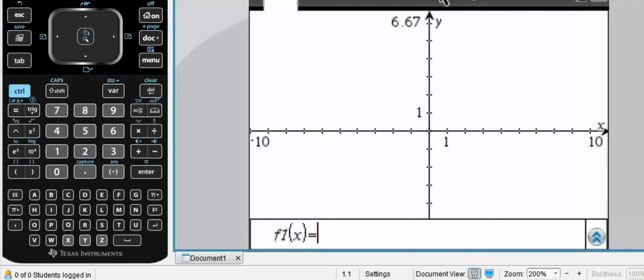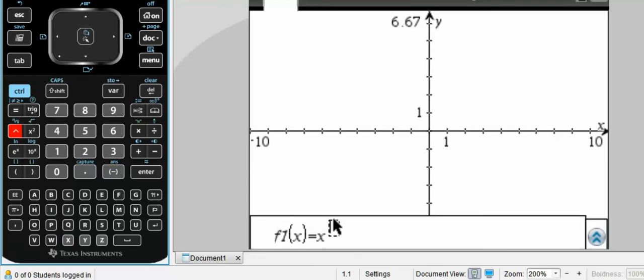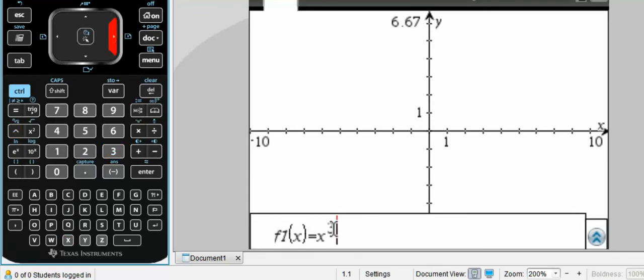I turned on a graphs page, and I've started here at the entry line, the function entry line. So what we'll have to write is the expression. This was x to the third power plus x squared minus x minus 1. So this is the polynomial that was given to us in the original problem.